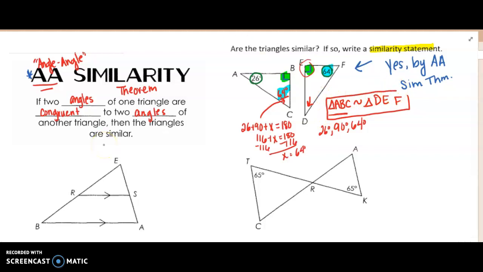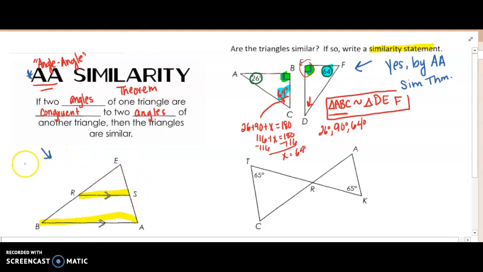Alright, so the next example is this one right here. Notice, because of these arrows, I know that this and this line are parallel. That's what these arrows right here mean.